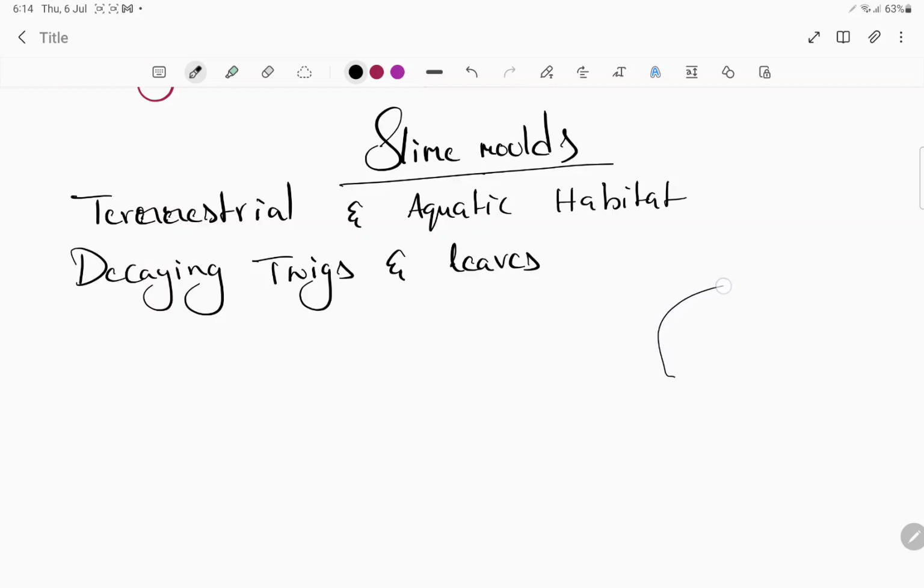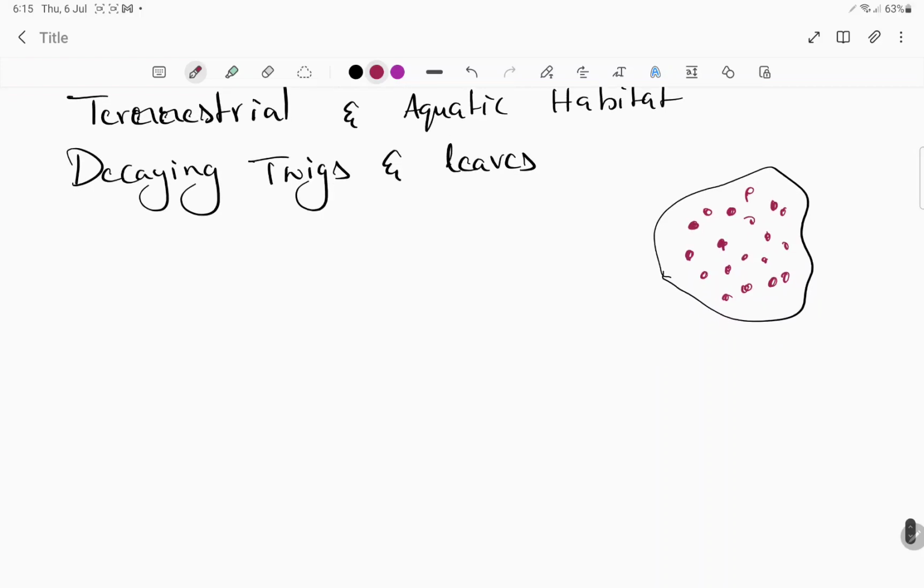If you see the slime mold, it will be like this. There will be a slimy mass of protoplasm with animal-like and fungal characters. They are also called fungal protists. True fungi belong to another kingdom called Mycota. These are not true fungi. Under suitable conditions, they will aggregate as a plasmodium.